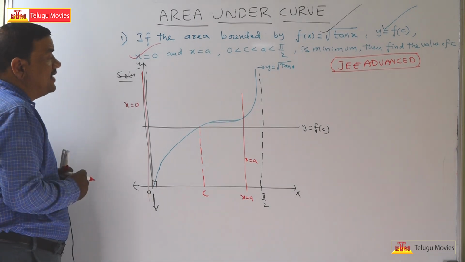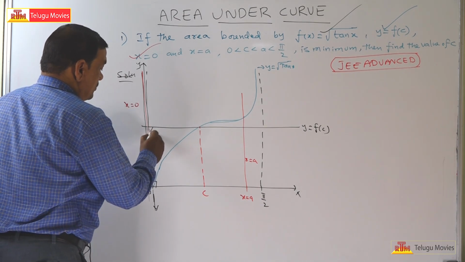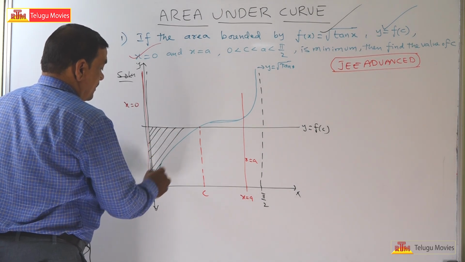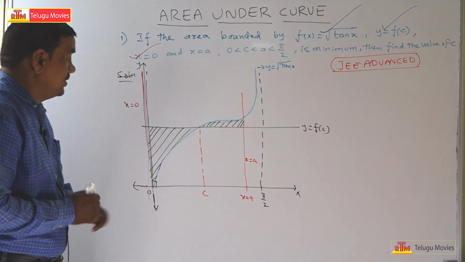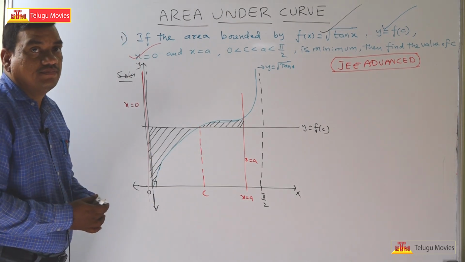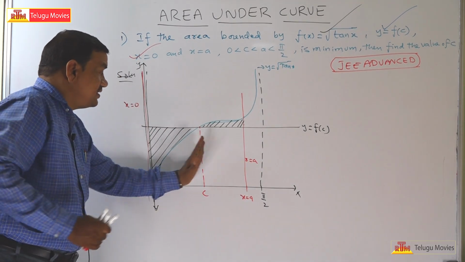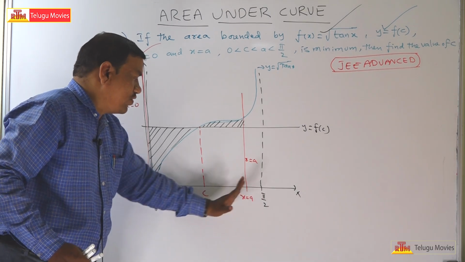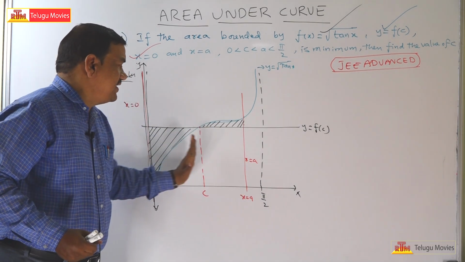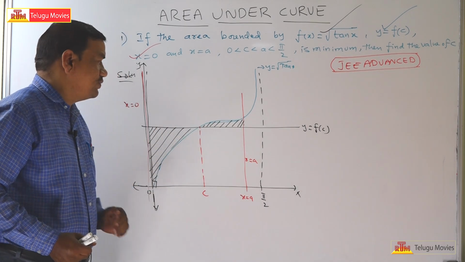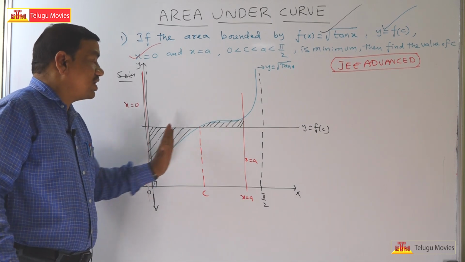The area bounded by these curves is this shaded region. Here c is a variable, it moves like this, while x = a is fixed. As c moves, the area of these shaded regions also changes.